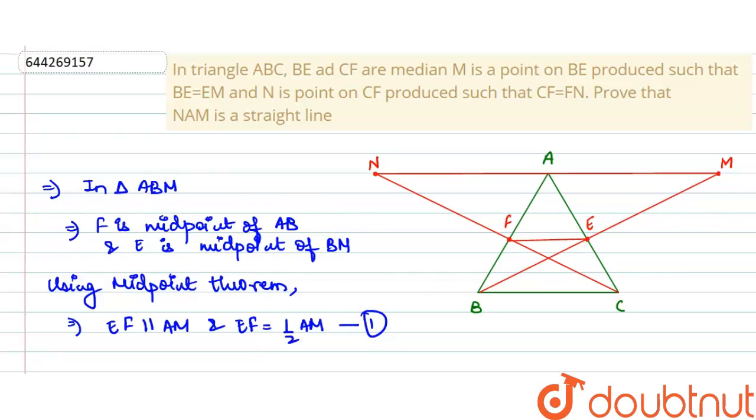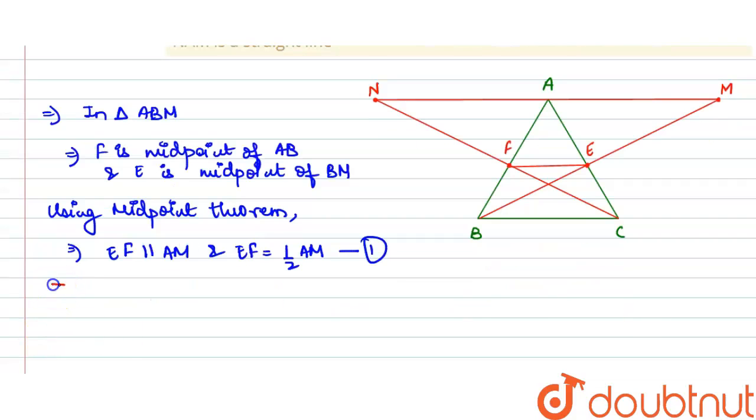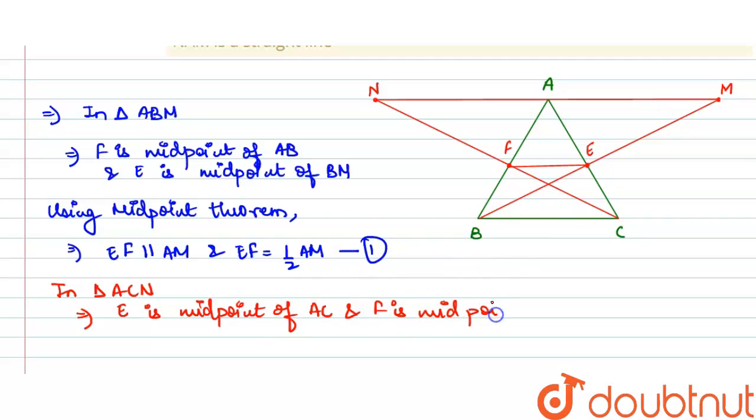Now we'll write equation 2. So now we'll take into consideration triangle ACN. In triangle ACN, again E is the midpoint of AC and F is the midpoint of CN, because FN is equal to CF and BE is equal to EM, so E will be the midpoint of AC as well as BM, and similarly F will be the midpoint of AB as well as CN.